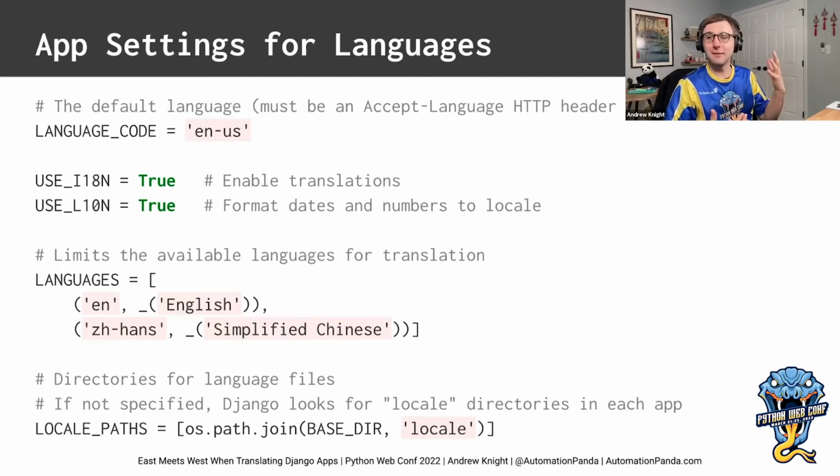But if your app is small enough, like mine was, just put it all in one place and be done with it. So you specify the locale paths setting, and then I just create a directory called locale and put it all in there. If you don't specify this, Django looks for directories named locale in each of your applications.